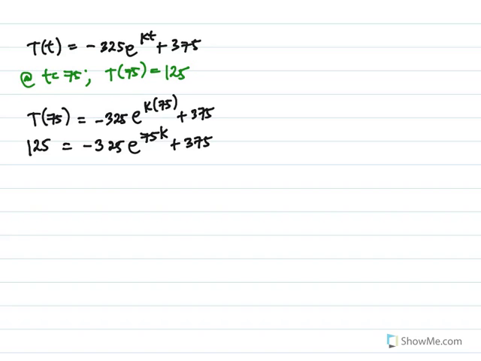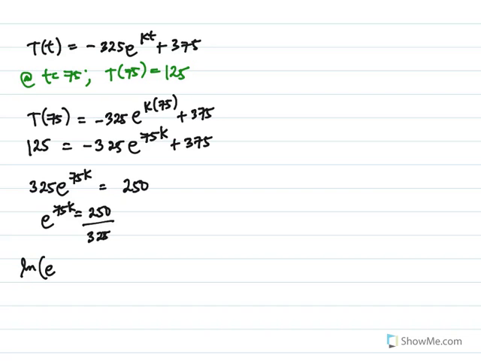Or pwede rin naman na itong negative 325, i-transpose mo sa kabila, magiging positive, no? e to the 75k, and then yung 125 sa kabila, sa right side, yung magiging 250 pag minus mo from 375. Dividing both sides by 325, you get e to the 75k equals 250 over 325, so that's 10 over 13. Okay?